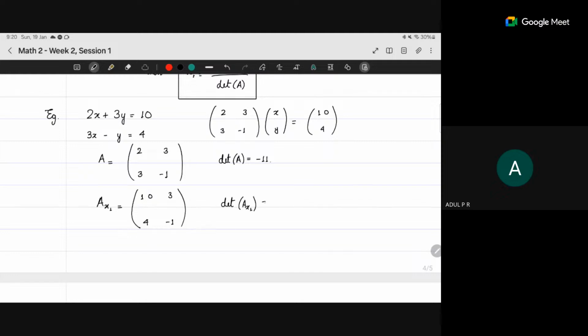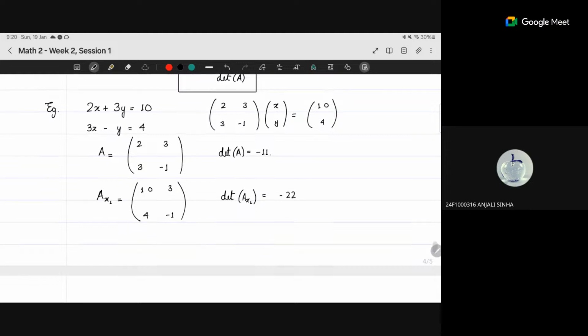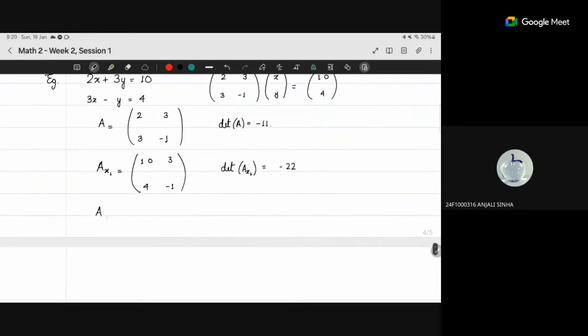What is the determinant of AX1? Minus 10 minus 12, that is minus 22. This time we are getting nice matrices, so that's good. So what about AX2? For AX2 you change the second column.